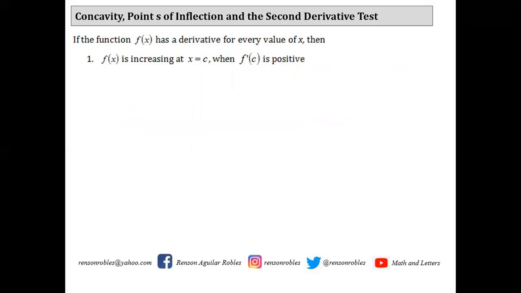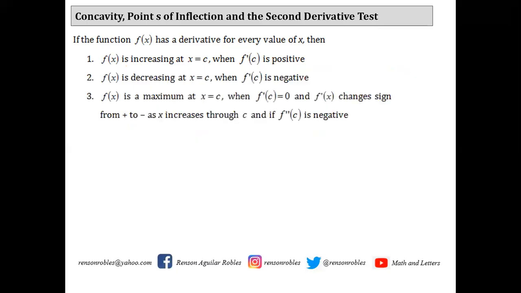All right, so to summarize, if the function f of x has a derivative for every value of x, then f of x is increasing at x equals c when f prime of c is positive, and it is decreasing whenever f prime of c is negative.